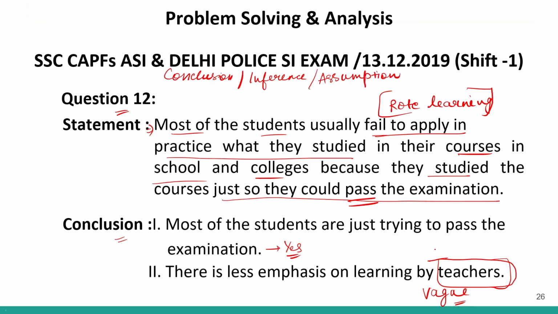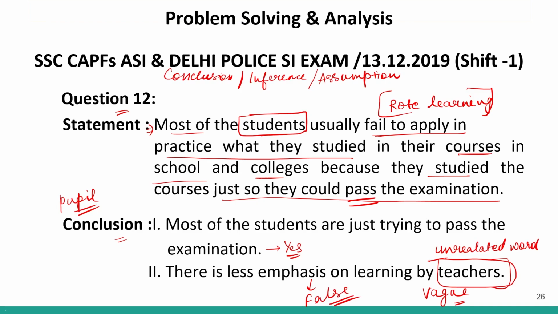This is an unrelated word. What could be a related word? Okay, so let's say in the statement we had the word student and in the conclusion we had the word pupil. It would have been correct because these words are related. Okay, but teacher is a totally unrelated word. Nothing about teacher is mentioned in the statement. So this is clearly wrong. So this conclusion is false.